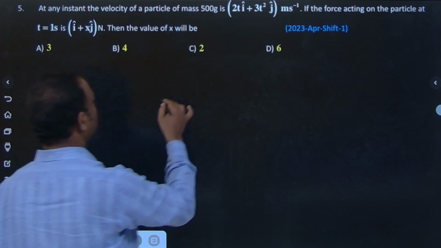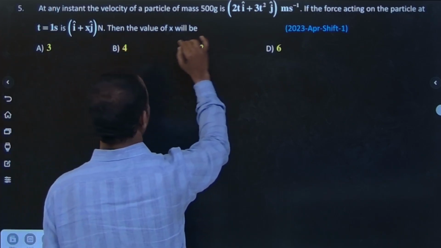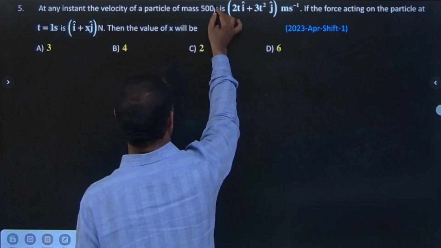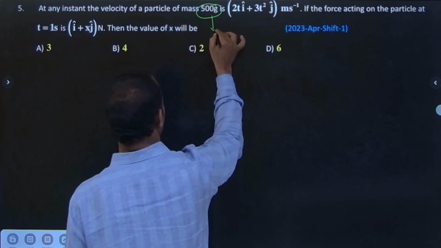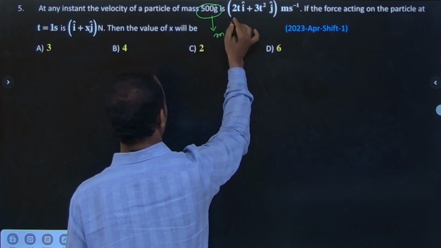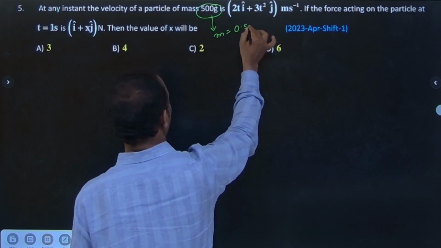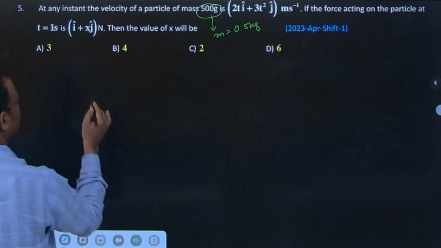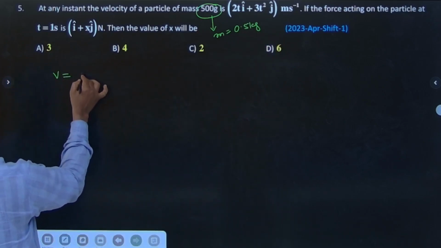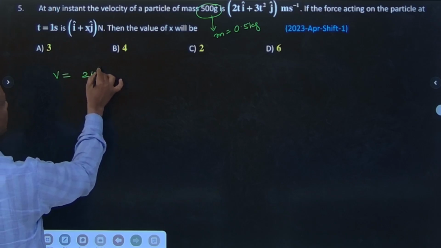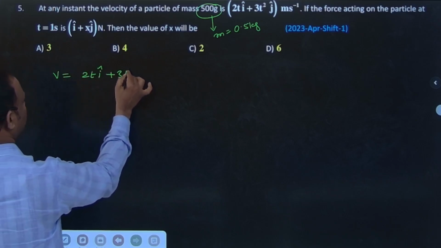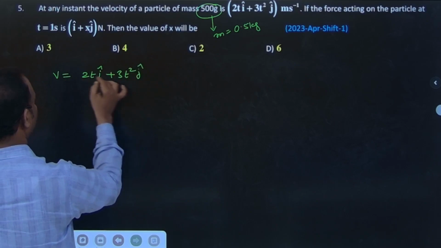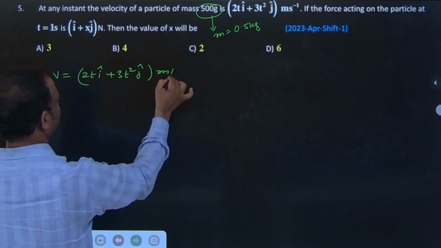At any instant, the velocity of the particle and mass is given. Mass m is 500 gram, which means 0.5 kg, and its velocity is given as v is equal to 2t i cap plus 3t² j cap meter per second.